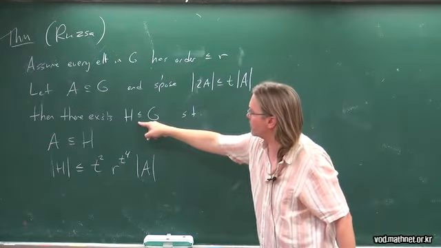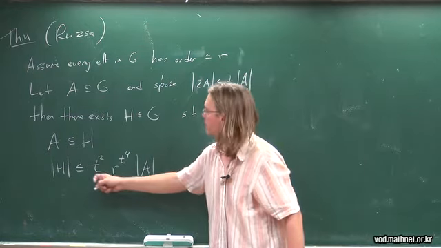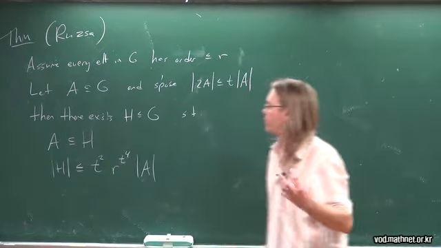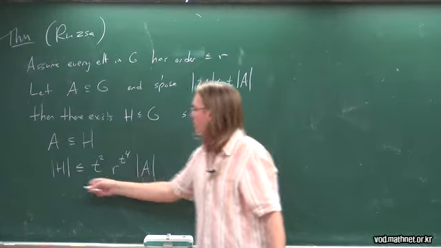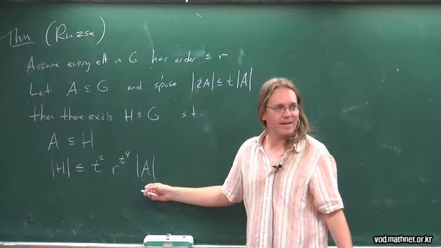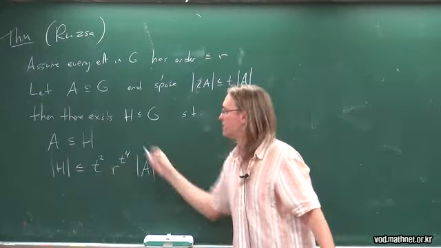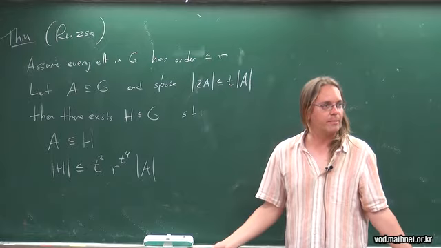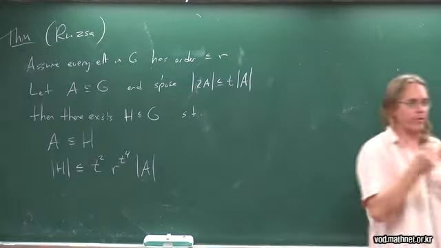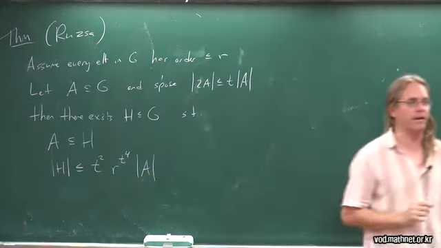Then what's going to happen is there's got to be a subgroup H that efficiently captures your set, so A is going to be a subset of H. Your set A is completely trapped in this subgroup, and the order of H is some controllable amount larger than the size of the original set A. So certainly, if I tell you that A is a subset of some subgroup H, and the size of H is at most this, that's giving you some control on how big the double of A can be, because the double of A still has to sit within H. So if you have this structure, then I know that twice A will only be this much as a factor larger than the original size of A.